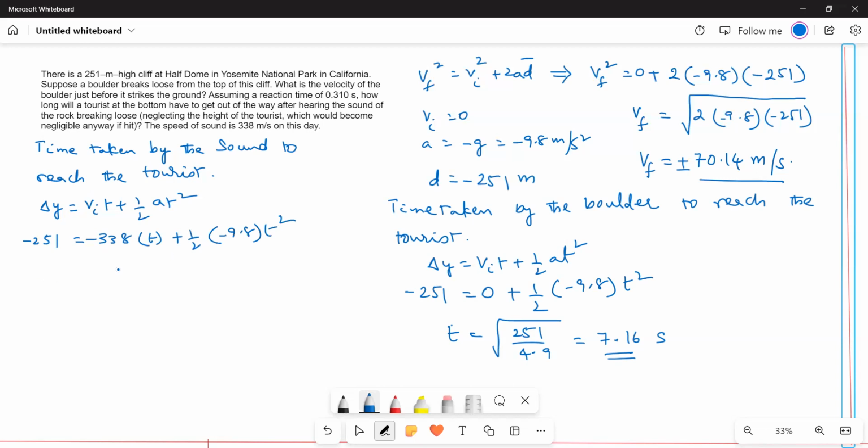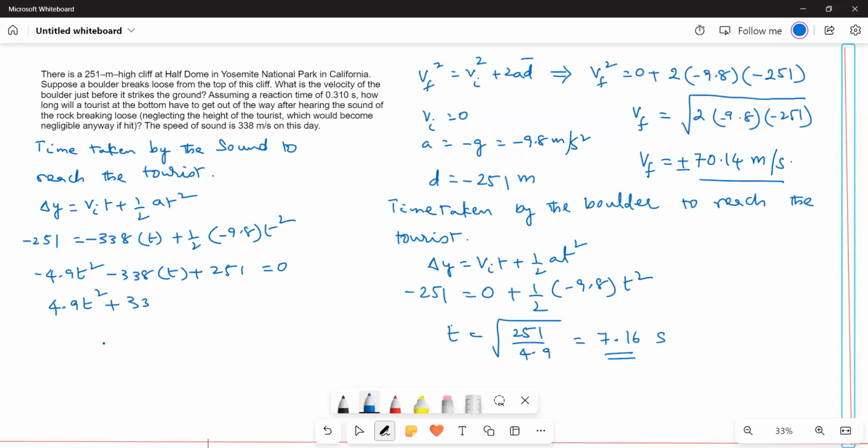Okay, so this will become minus 4.9 t squared minus 338 t plus 251 is equal to 0, or we can change the sign: 4.9 t squared plus 338 t minus 251 is equal to 0.